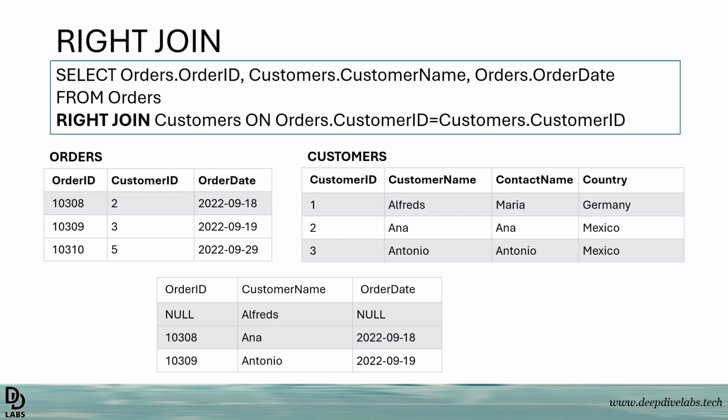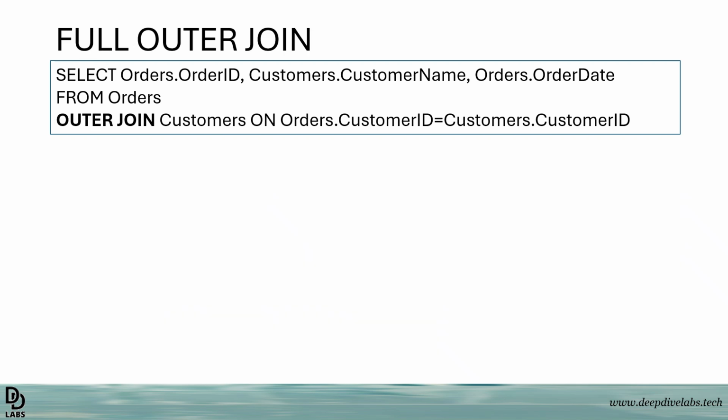So you can see with left and right join, the number of rows returned in your output makes a difference. Now let's look at the complete or full outer join: orders, outer join customer on orders.customer ID equal to customers.customer ID.